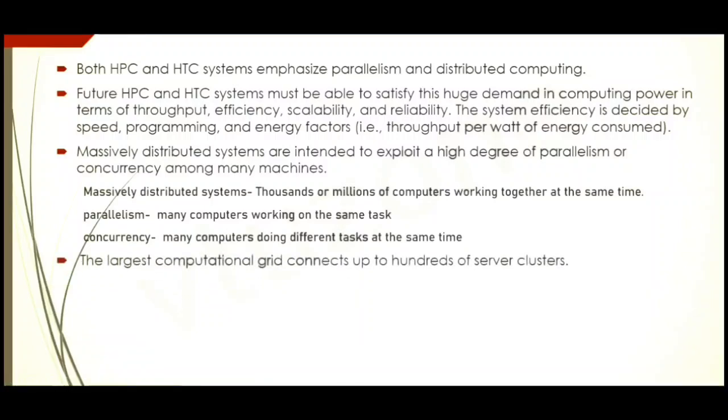Next is, see, a computational grid is a network of supercomputers connected together. Some grids can have hundreds of clusters. For example, the European grid infrastructure connects the supercomputers across Europe for scientific research.